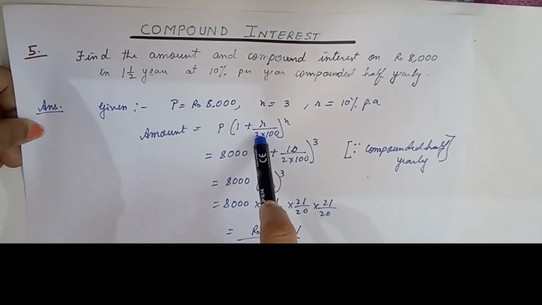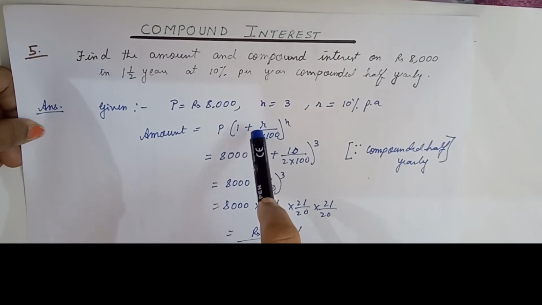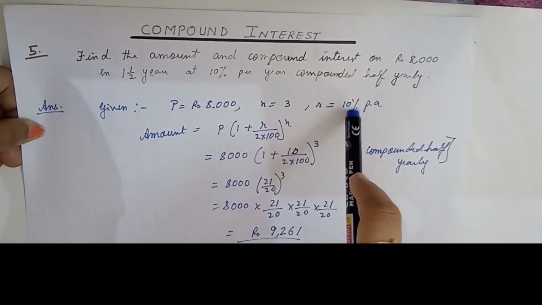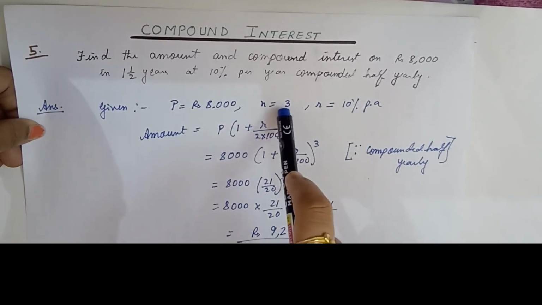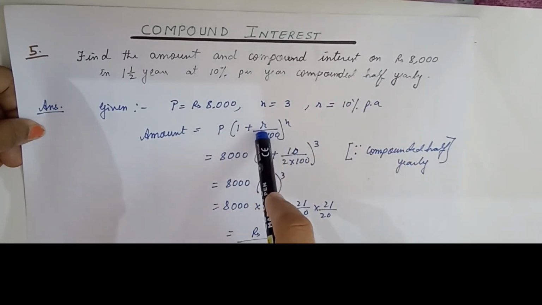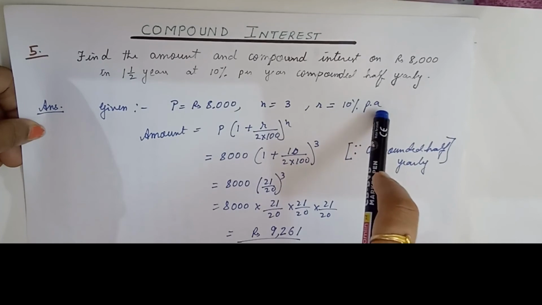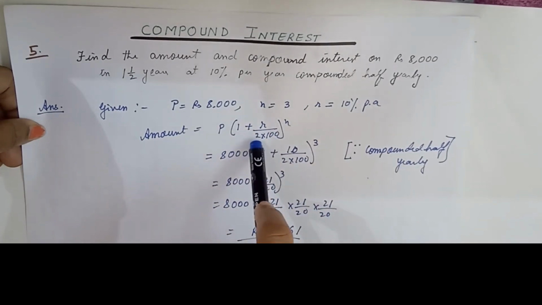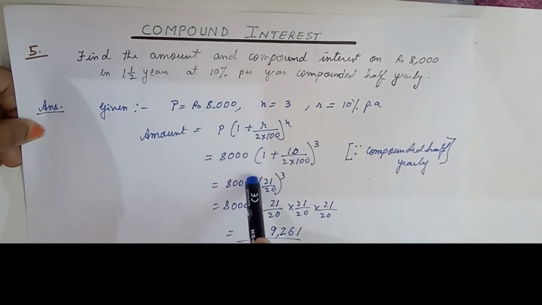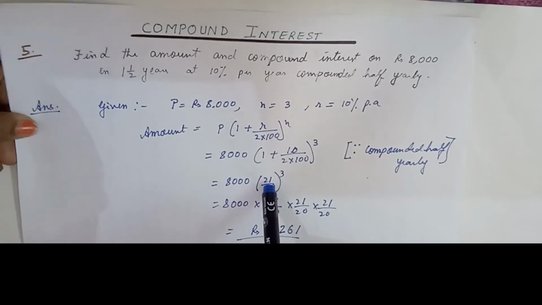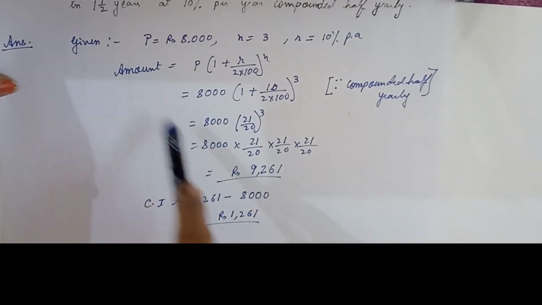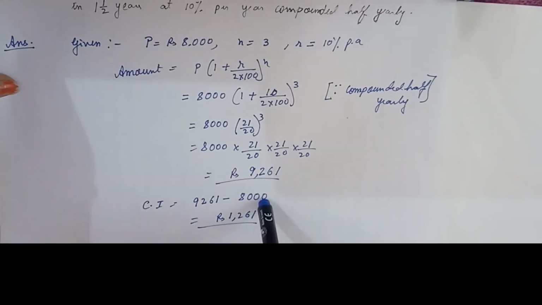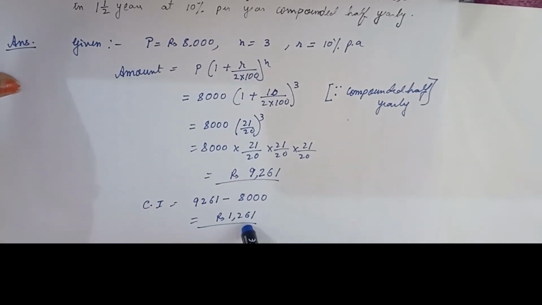Why R by 2? Because now it is a half yearly calculation. 10% was per annum. When you are now calculating it for every half year, you cannot use 10% because this was per annum. I have to now use R by 2, to the power n. Substitute, cancel, multiply, answer. So we get the amount, subtract the principal, we get the compound interest.